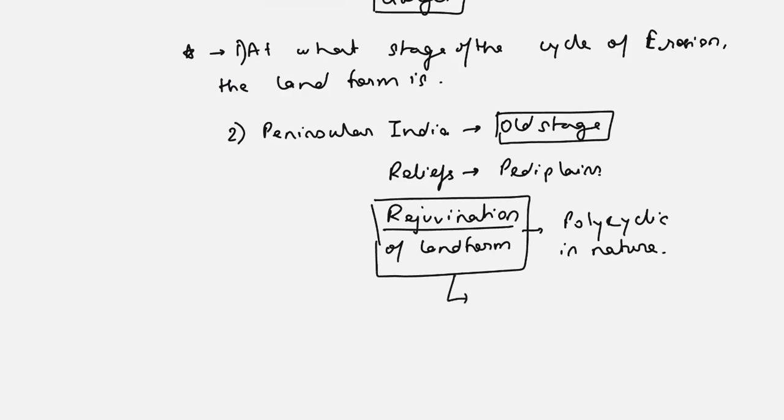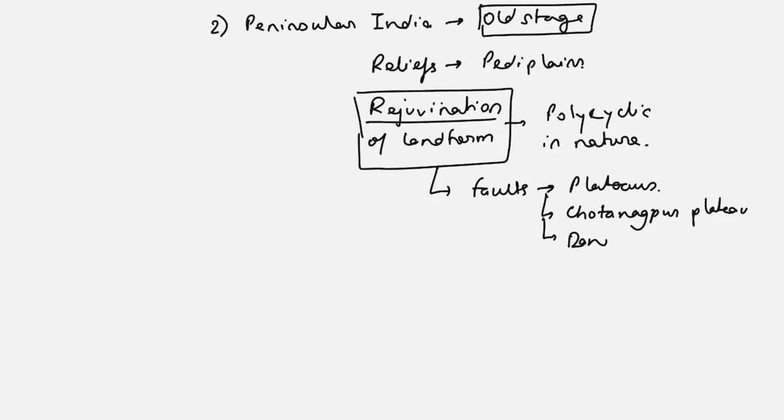Okay, it has become polycyclic in nature, and we can see this by the formation of various faults, formation of various plateaus like Chota Nagpur plateau, Dandakaranya plateau, okay, we can also look at the Deccan plateau, we also have the Rajmahal hills.